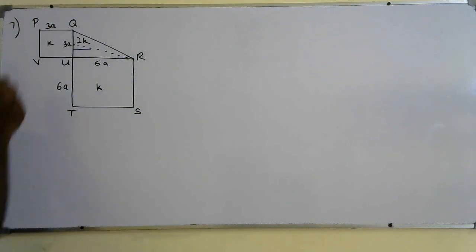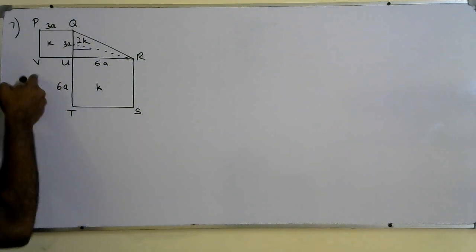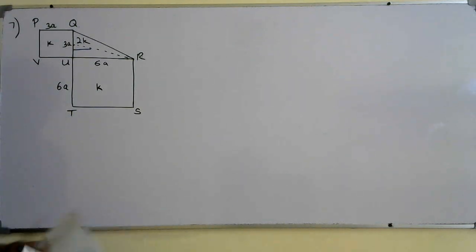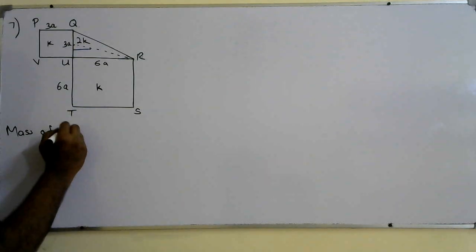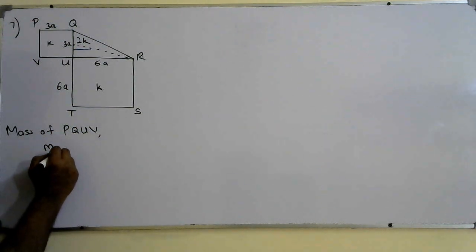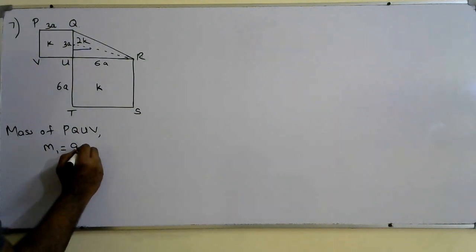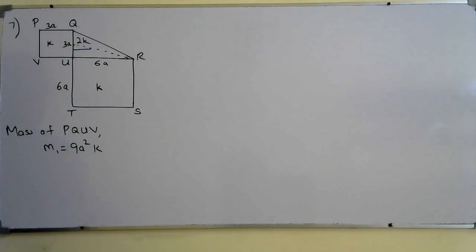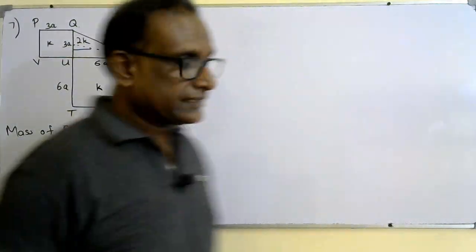First, the mass of PQUV, let it be M1, is equal to area 3A into 3A, 9A squared, into K. K is the mass per unit area. Area into mass per unit area, that is M1.